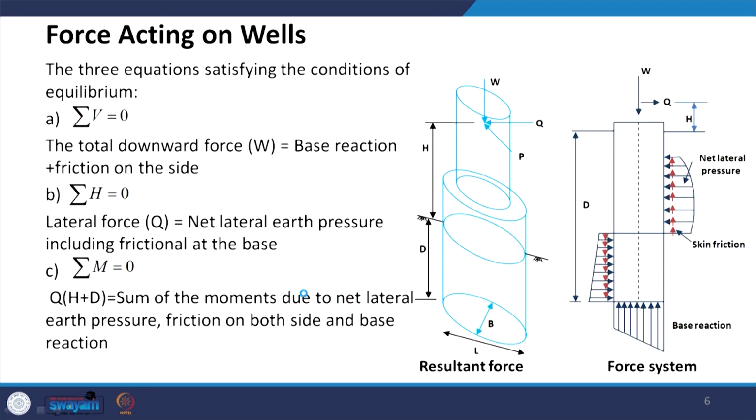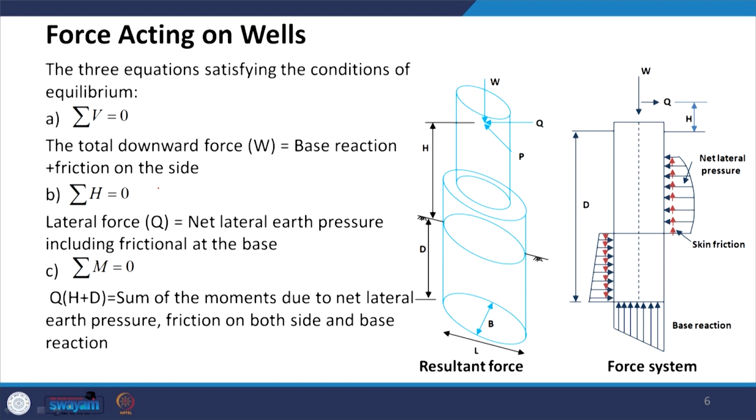In this slide, the combination has been shown. You have three equations which satisfy the conditions of equilibrium, that is summation of V equal to 0, H equal to 0 and M equal to 0. You could see here the well, and on the top of this you could have some pier which is shown here.